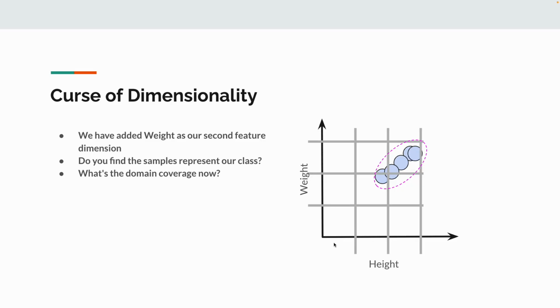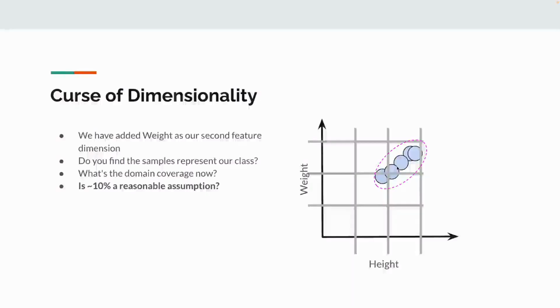What happens if we do the same for another feature, let's say weight? It's more likely that the data points will sit here, you know? So 40% of the height, and then maybe 40% of the weight. And the data points are more likely to be sparse, you know? So it's very likely that the coverage will reduce from 40% to, let's say, 10 to 15%, okay?